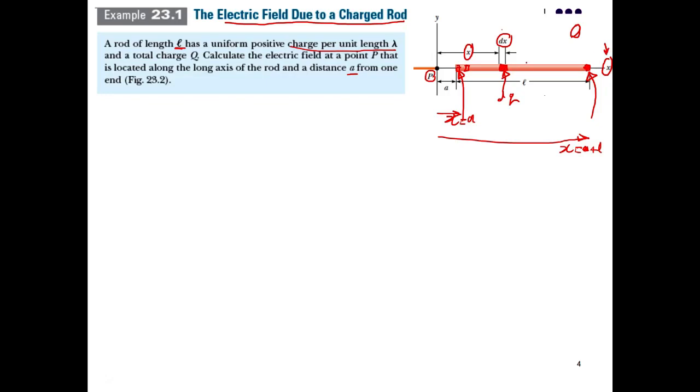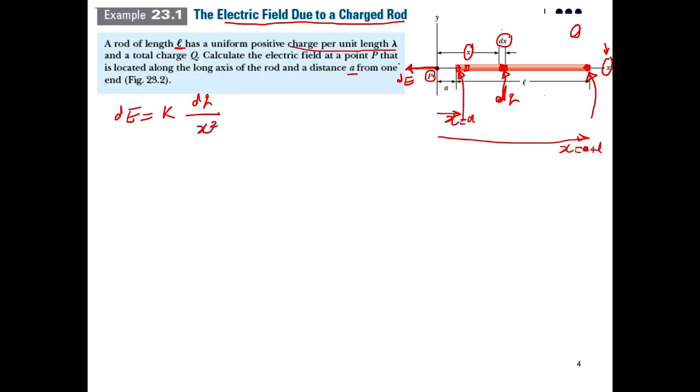So the task is, let's find the electric field from dQ at point P. Well, dQ is positive, so it will make an electric field at point P directed this way. This is dE, because it's produced by dQ. So dE is equal to k dQ divided by r squared, but our r here is x, so x squared.